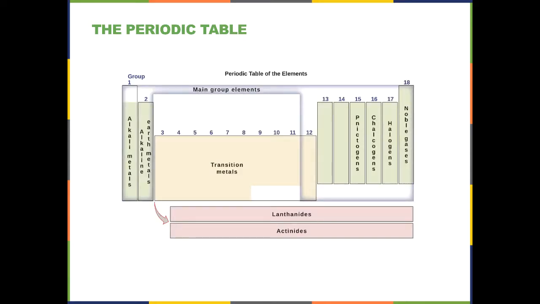This shows the general outline of the elements. You see on the left the alkali metals in the first group, the alkaline earth metals in the second group, and then over on the right you see the noble gases on the very end, halogens next to that, chalcogens next to that, etc. And we will talk about this in much more detail in a future lecture.